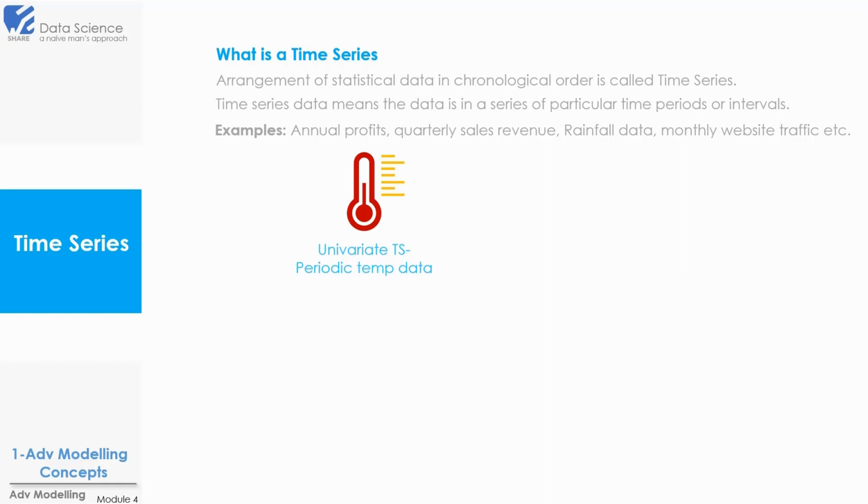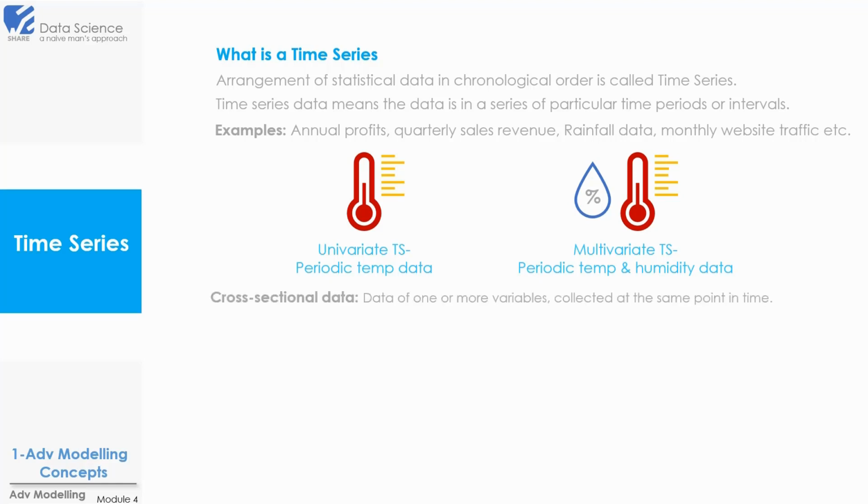Now there could be a univariate time series, which means single variable, such as periodic temperature data, or there could be a multivariate time series, such as periodic temperature and humidity data. So the data that we had seen so far in model building was cross-sectional data, which is the data of one or more variables collected at the same point in time.